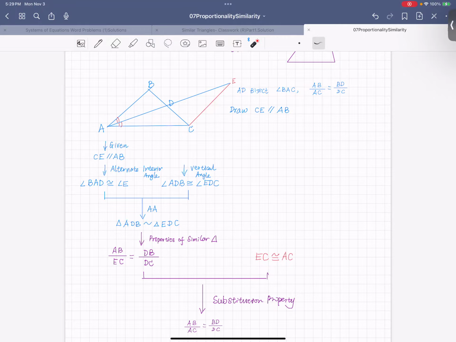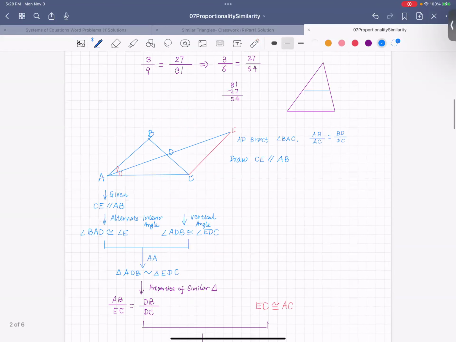Start with AD bisects angle BAC. So look, we have AD bisect. Let me duplicate this. We have that guy bisect, right?